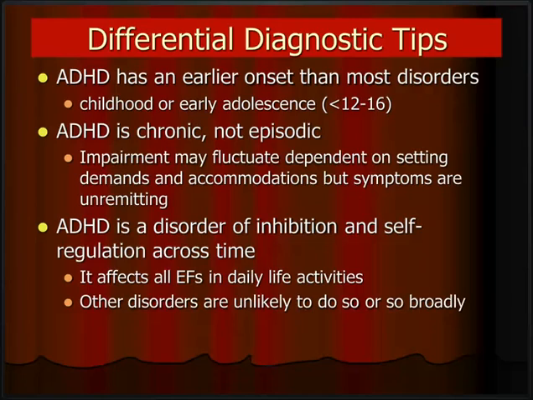Impairment may well fluctuate over time or across settings, because how impaired one is from their symptoms is in part determined by the nature of the situation, the demands being placed on the symptoms, and any accommodations the individual might be receiving in that situation for their symptoms. But the symptoms themselves are not remitting in the case of ADHD, whereas impairments may well fluctuate over time.